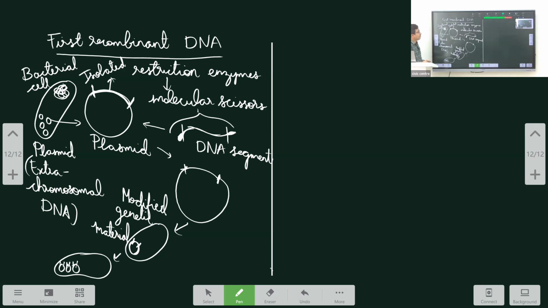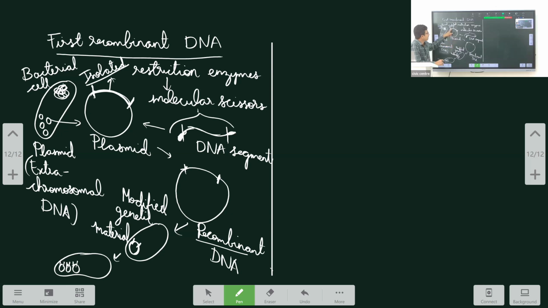So basically in the recombinant DNA, this modified genetic material is considered the recombinant DNA, because in this recombination process, it has been first isolated from the original plasmid or the initial plasmid, then after that whatever DNA segment you have to replace, you will take that and make sure that the restriction enzymes are attached to them, and these restriction enzymes will be able to fit into the plasmid that was originally cut or isolated.